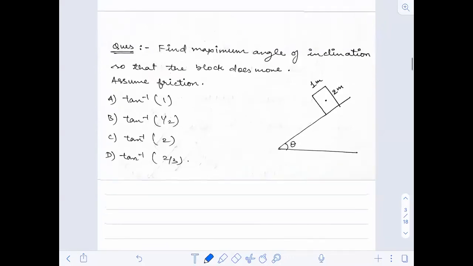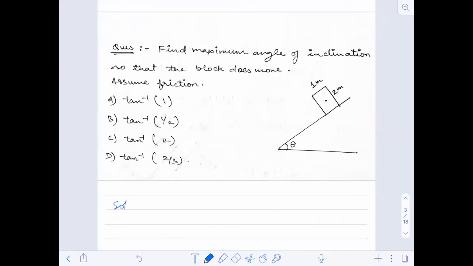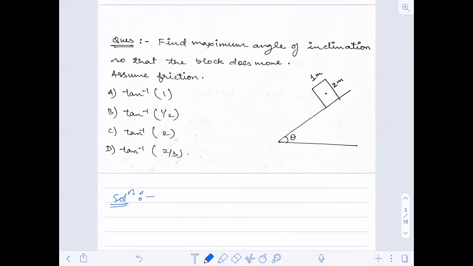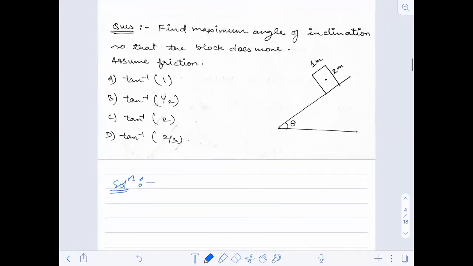For this question, if anybody thinks that I will use the sliding case, just check what happens. This block has mass m, so mg sin theta will act downward.